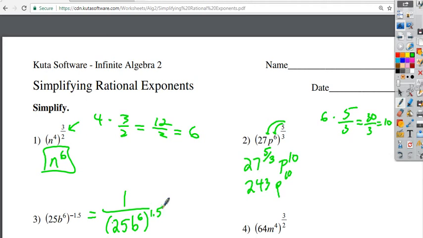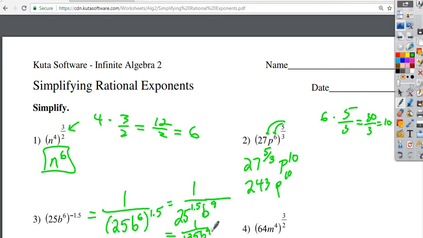So when I do that, it's 1 over 25 to the 1.5, and then b to the 9th. Okay, can we simplify 25 to the 1.5? I think so. Just do 25 to the 1.5, which is 125. So 1 over 125 b to the 9th.